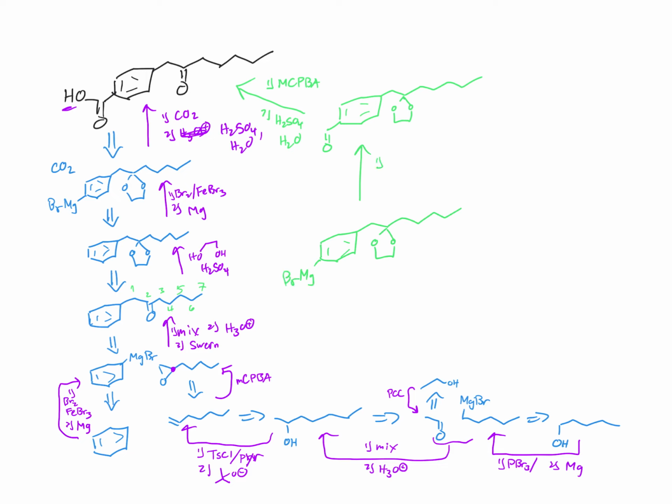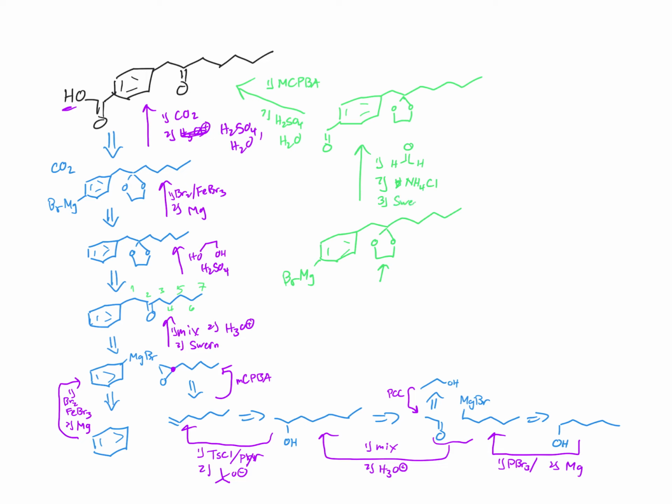And I could add, first step, the 1 carbon aldehyde. In the second step, let's use some ammonium chloride to make sure that I don't deprotect yet. And then 3 would be oxidation of that aldehyde.